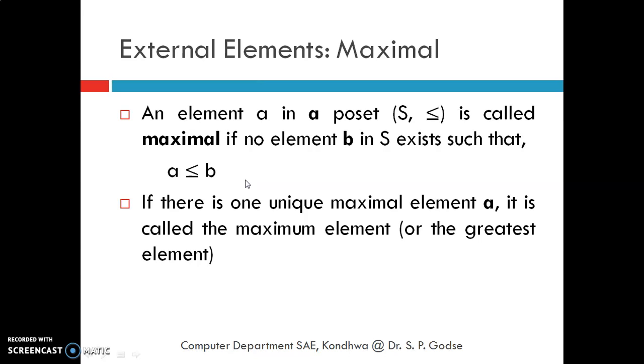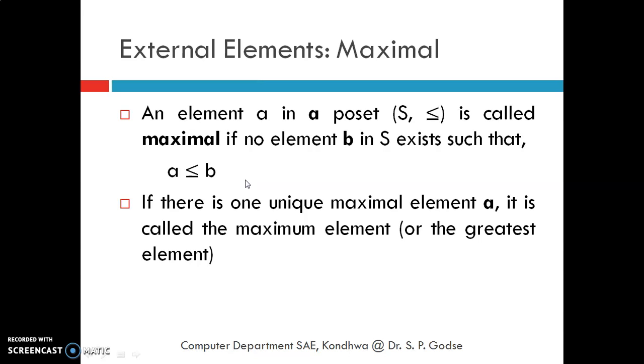So in a given poset, element A is called a maximal element if there is no element B in S such that A ≤ B. If there is one unique maximal element A, it is called the maximum element or the greatest element.